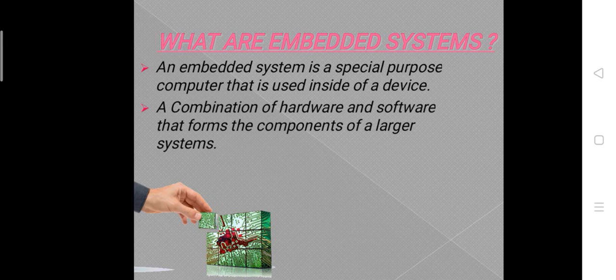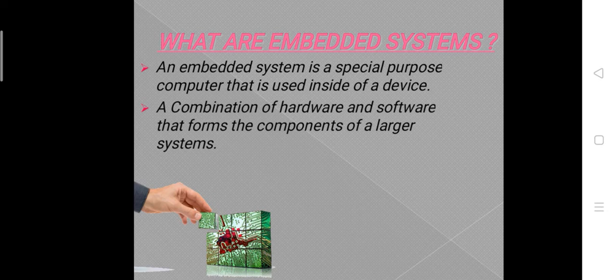An embedded system is a special purpose computer that is used inside a device. So an embedded system is designed to perform a specific task. It's a combination of hardware and software that forms the component of a larger system.